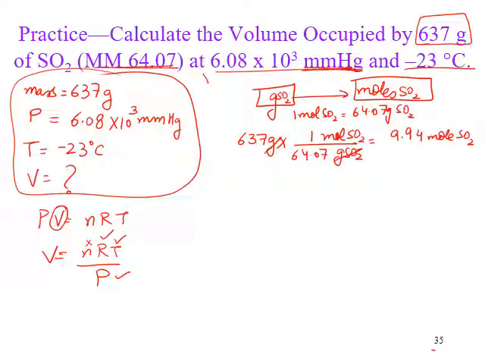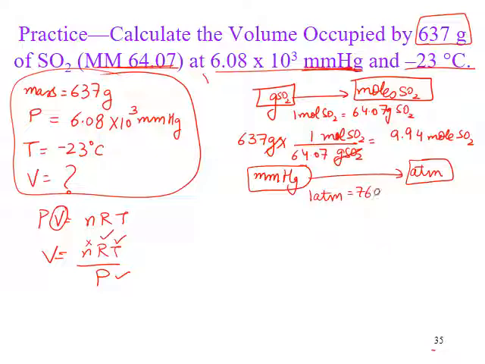The conversion factor that we can use from mm of Hg to atm is 1 atm equals 760 mm of Hg. So we start with 6.08 times 10 raised to the power 3 mm of Hg.